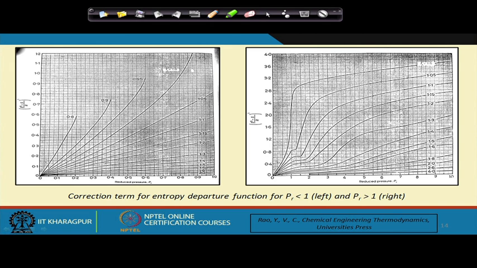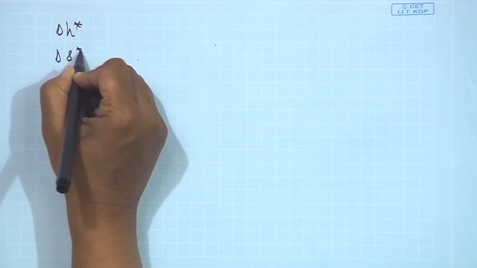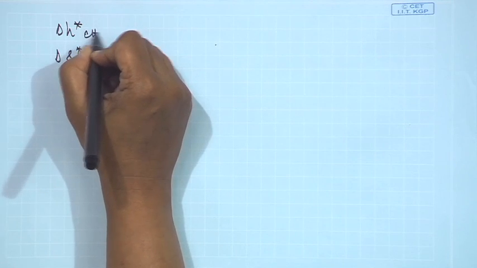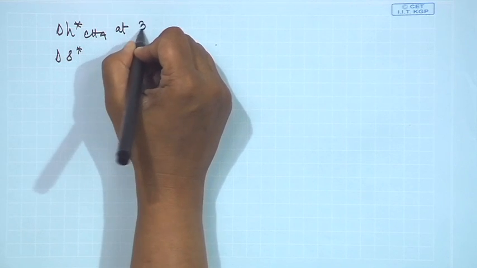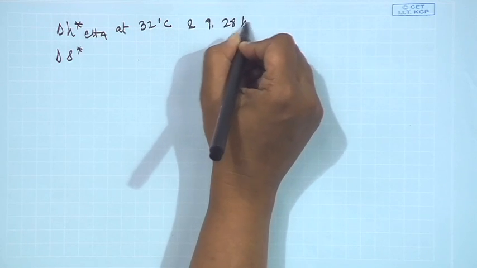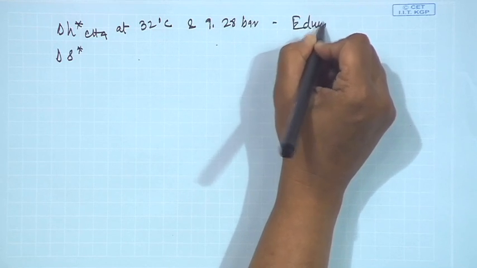Okay, we can do 1 or 2 problems regarding this so that you can get a better feel of it. For example, suppose I tell you that we are interested to find out delta H star and delta S star for methane at 32 degrees centigrade and 9.28 bar, and I tell you to use the Edmister chart for this.